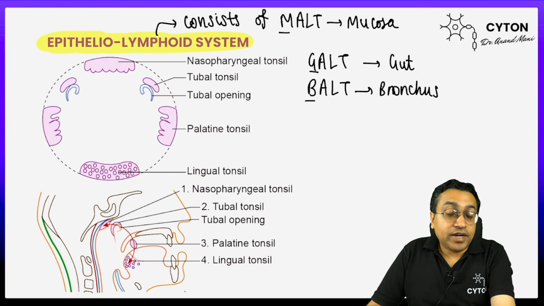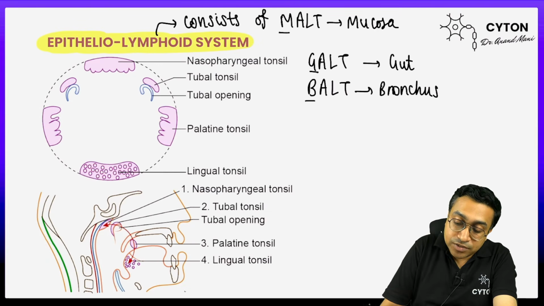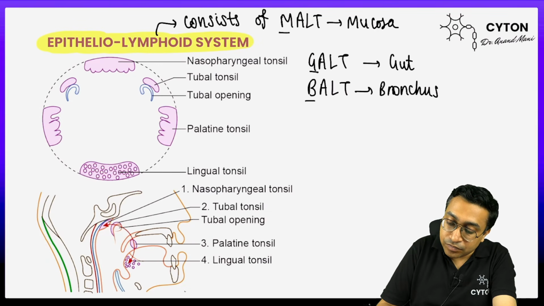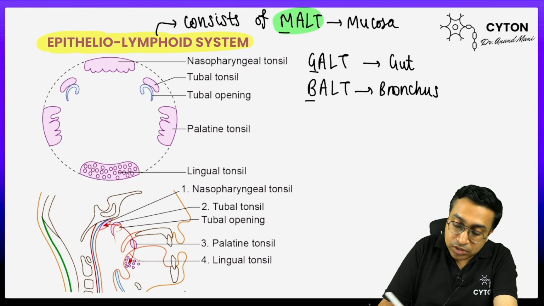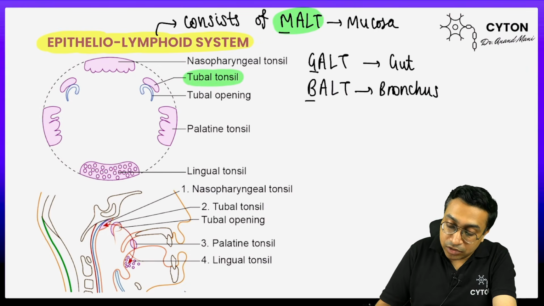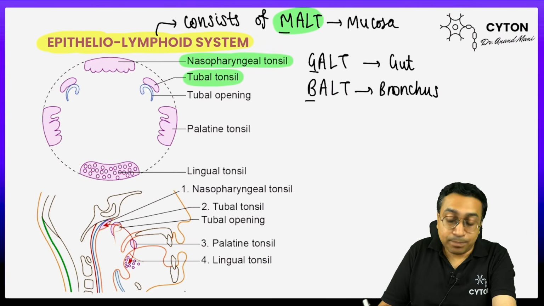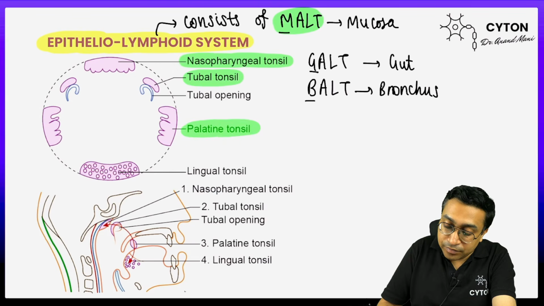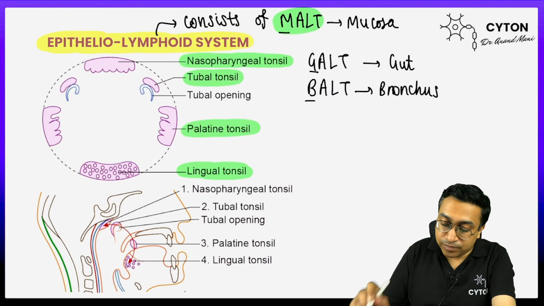Well defined MALT aggregates include what all structures? They include the tubal tonsils, then the pharyngeal tonsil or nasopharyngeal tonsil, the palatine tonsil, and the lingual tonsil.